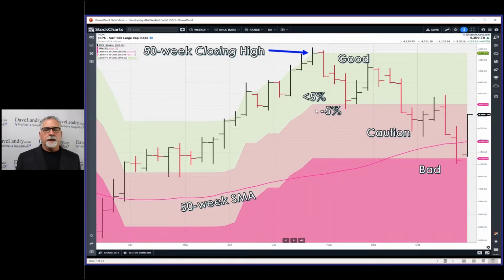And as Jeff pointed out, and I confirmed, a lot of times when you drop into that 5% zone, that caution zone, 5% or more away from the 50-week closing high, bad things tend to happen.